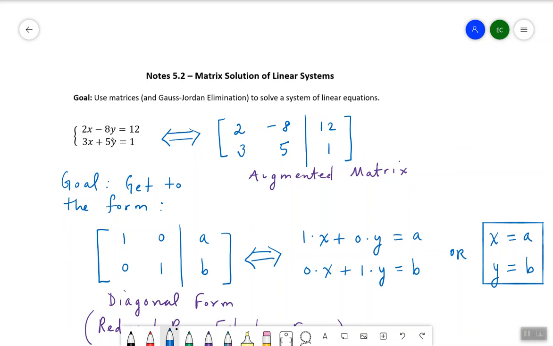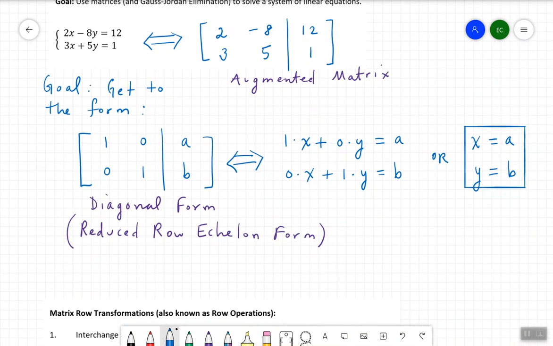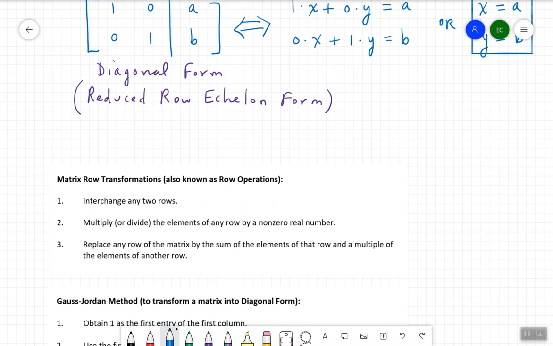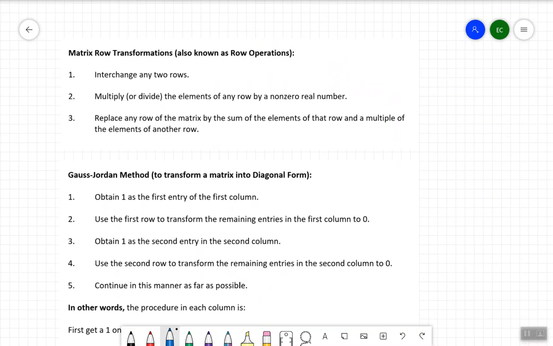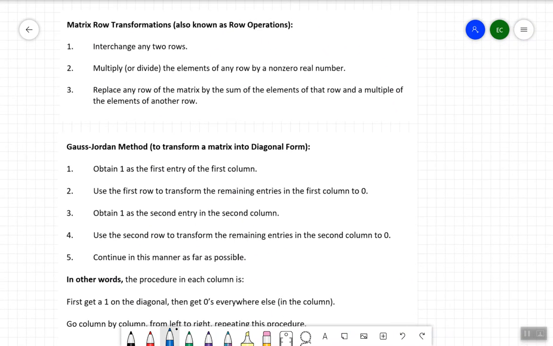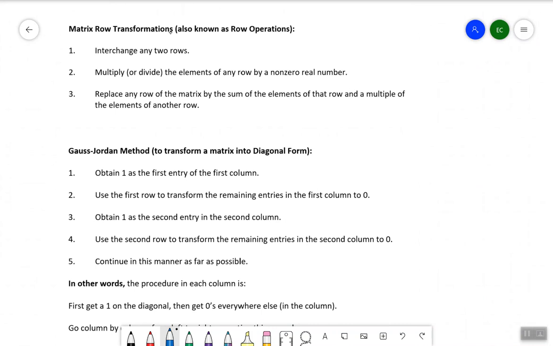Here's the original problem, and here are the steps that we learned. We learned row operations. We didn't interchange any 2 rows yet, but we'll do that in another problem. What we did was we multiplied all the elements of a row by a non-zero number.